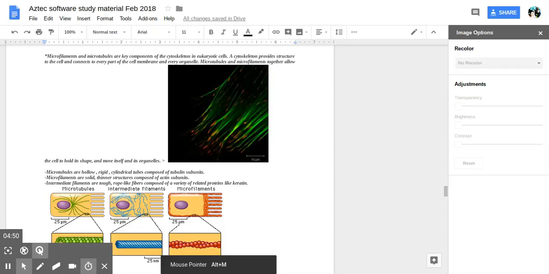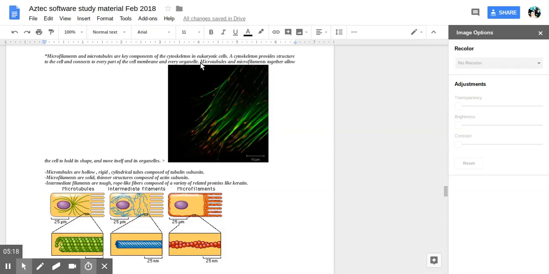Microfilaments and microtubules are key components of the cytoskeleton in eukaryotic cells. A cytoskeleton provides structure to the cell and connects to every part of the cell membrane and every organelle.